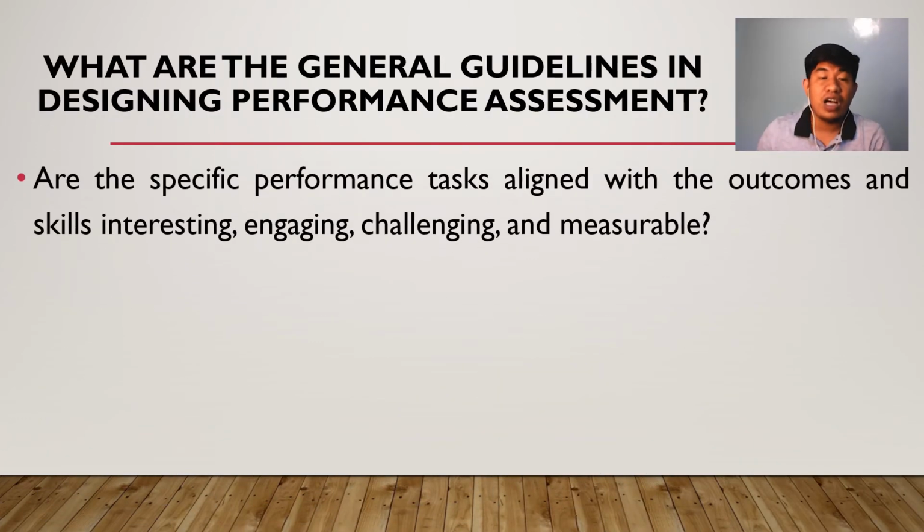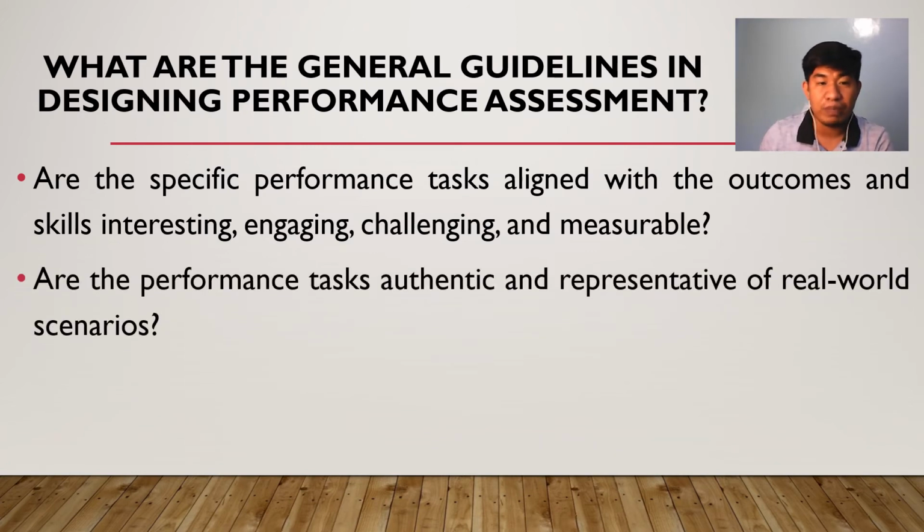Another question, are the specific performance tasks aligned with the outcomes and skills interesting, engaging, challenging, and measurable? The key word here is alignment. Alignment between performance tasks and the outcomes is very important. The skills to be developed among your students should also be challenging, in the sense that it's not too easy for the fast learner and too difficult for the slow learners.